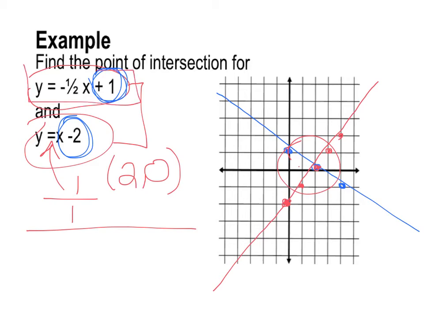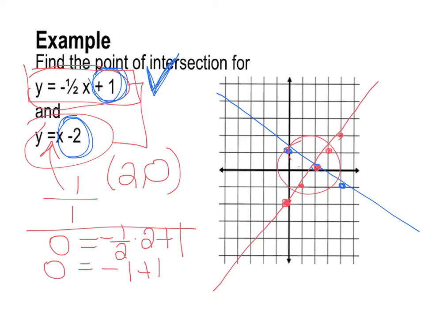Let's start with this first one here. 0 equals -1/2 times 2 plus 1. So -1/2 times 2 is -1, and -1 plus 1 is in fact 0. So that point works for that particular equation.